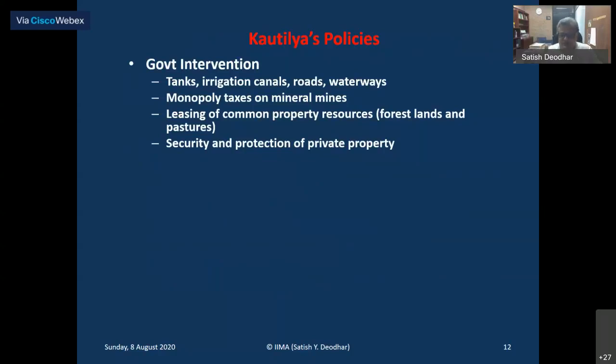If there's a village, and there is a common area around the village, which is a pasture or a forest land, it belongs to nobody. It belongs, let's say, to the state, but that means it belongs to nobody. And therefore, villagers will let their sheep, goats, cows, lambs graze on that land, thinking that if nobody owns it, I can graze as much as possible. If that happens, that will be the tragedy of commons, because there will be overgrazing and no grass will be left in a few years' time.